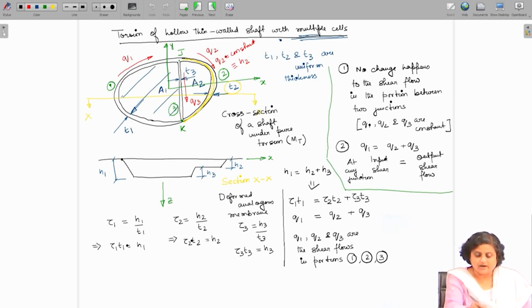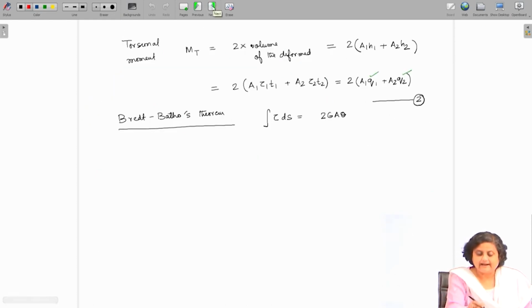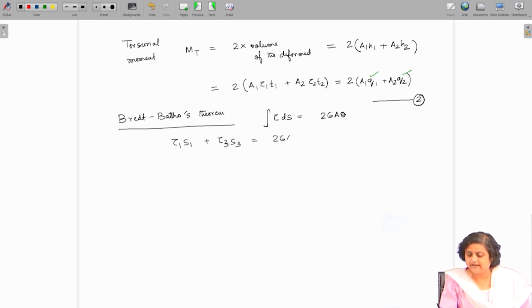If this length is S1, this is S3, and this is S2, then for cell 1 it will be tau 1 S1 plus tau 3 S3, and that is going to be 2GA1 theta.